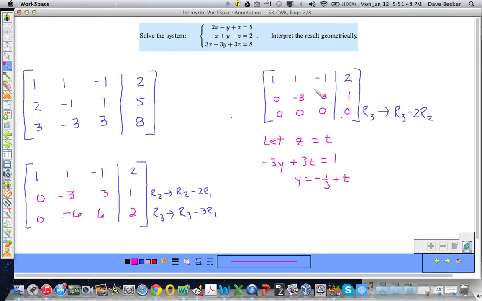And then substituting all of that into row 1, in other words, z equals t, y equals negative 1/3 plus t, I would get 1 times x, x plus negative 1/3 plus t, and then minus t, and that's going to equal 2. And without doing the algebra, I will tell you that we get x equal to 7/3.